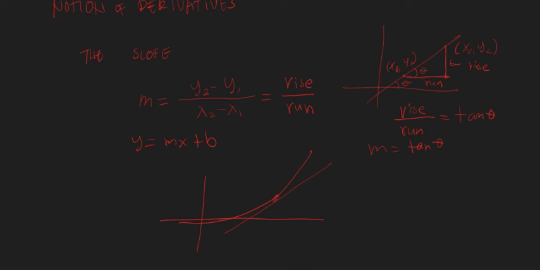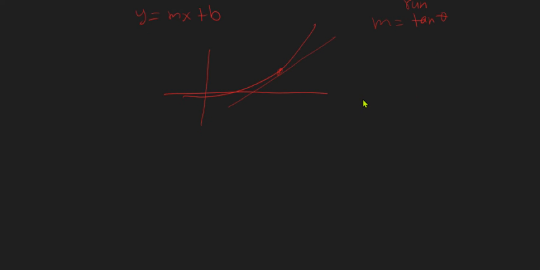Another way of saying that is when point Q is approaching point P, it's very close, but it's not the same, it's approaching. What happens is the slope of that second line is also approaching the slope of the tangent line.